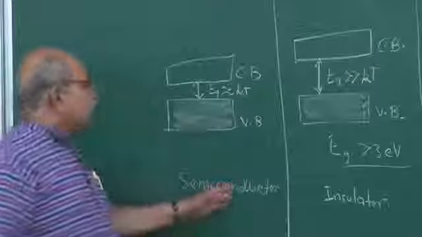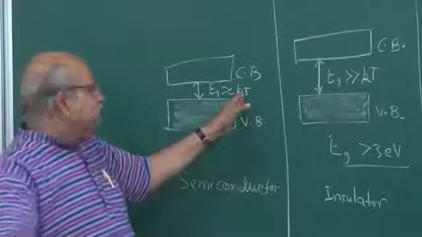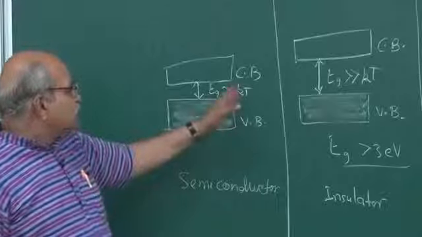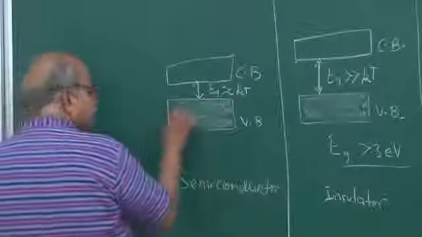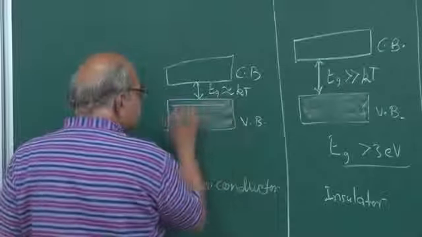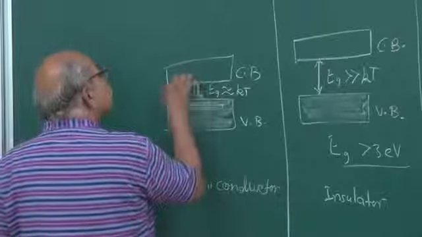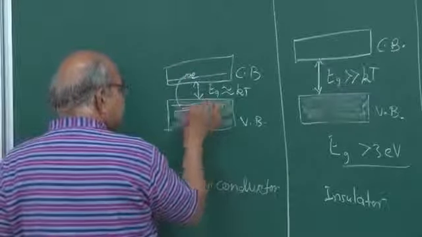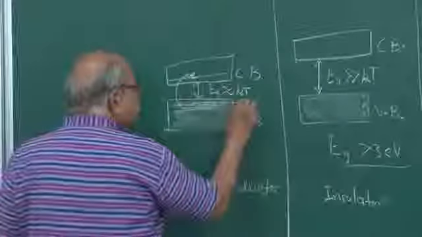This is because at working temperature, at room temperature, if this Eg is not very large, then through thermal interactions some of these quantum states may become empty, the electrons going to the conduction band and populating those quantum states. So we have empty states here, empty states here, empty states here. We generally call it a hole.